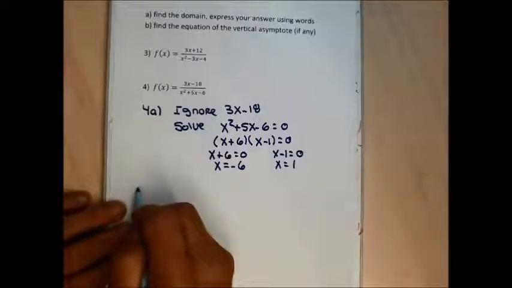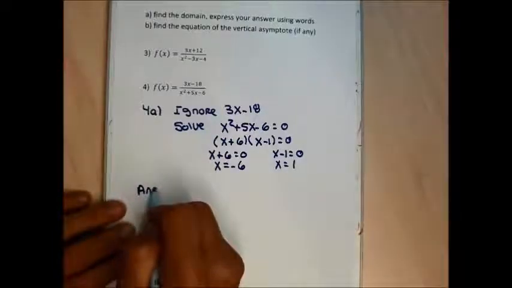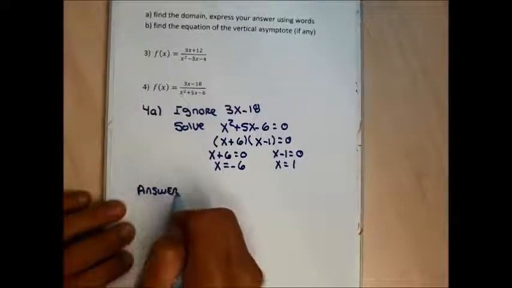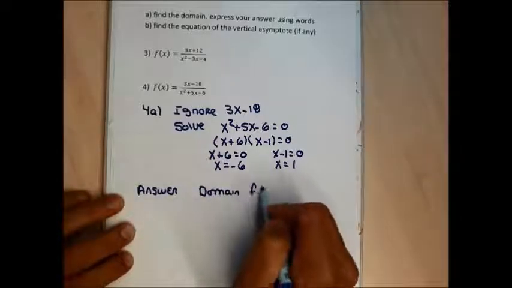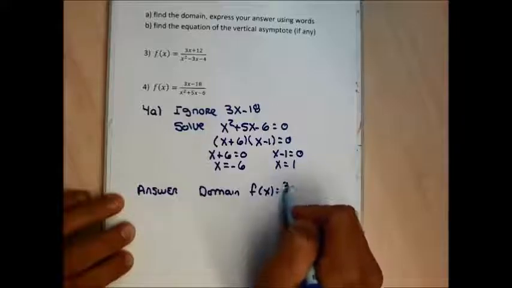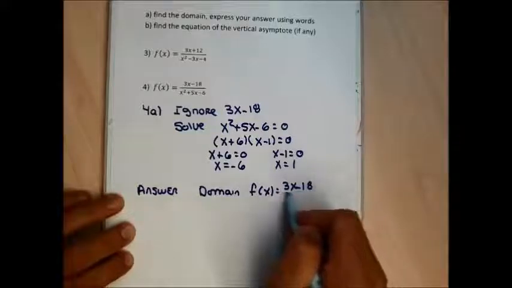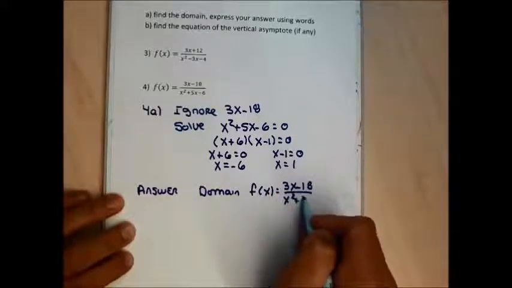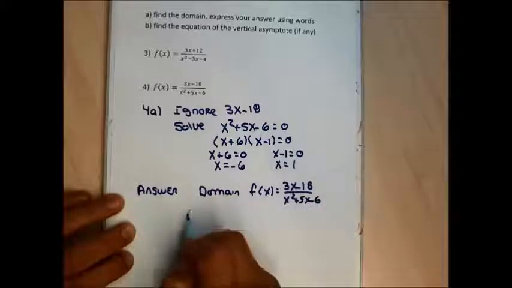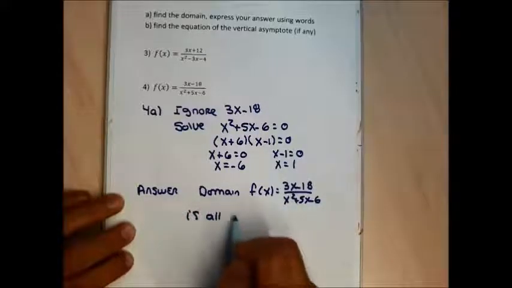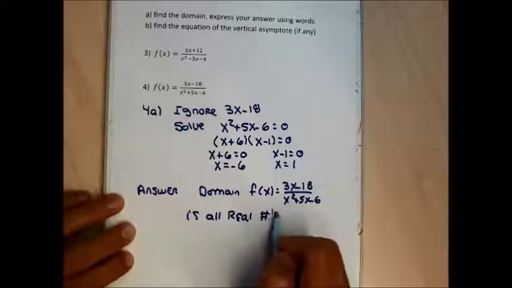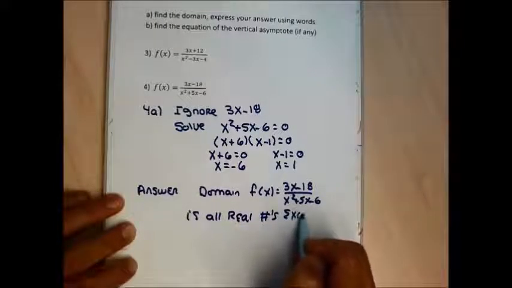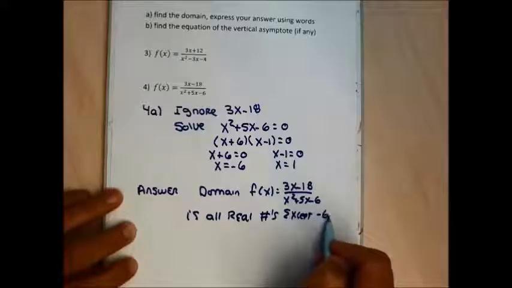For 4a, if I want to write a very wordy answer, I can say the domain of the fraction f of x equals 3x minus 18 over x squared plus 5x minus 6 is all real numbers except negative 6 and positive 1.